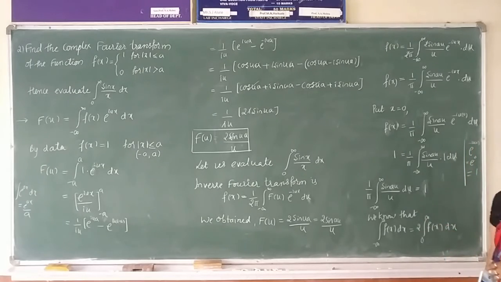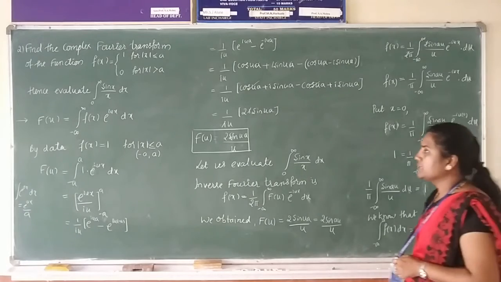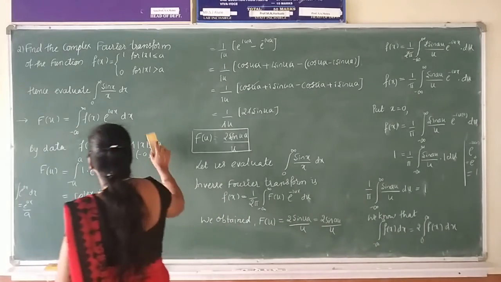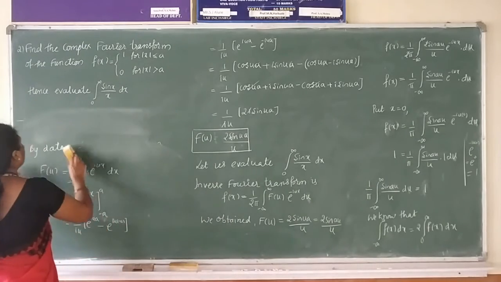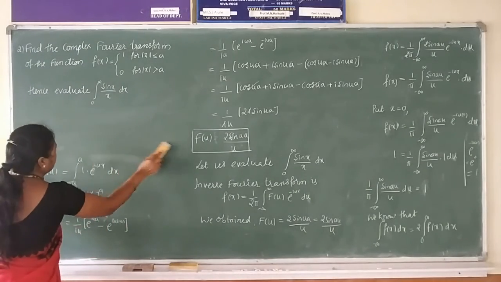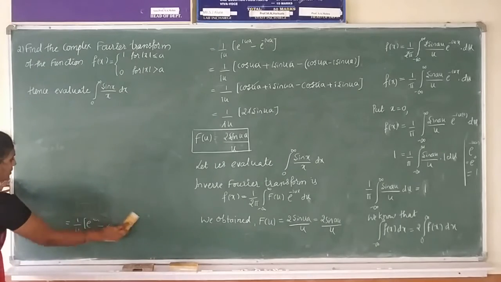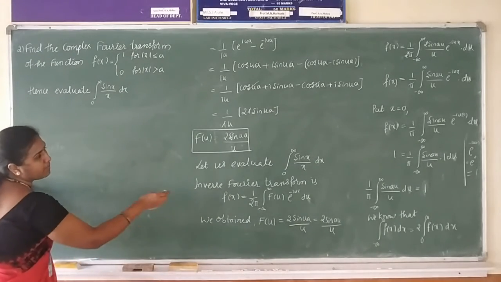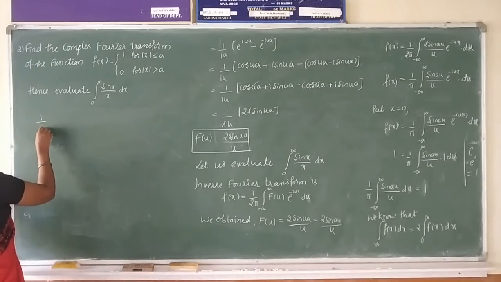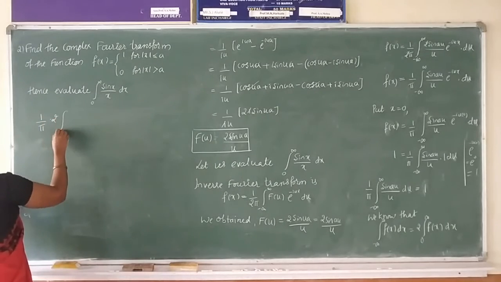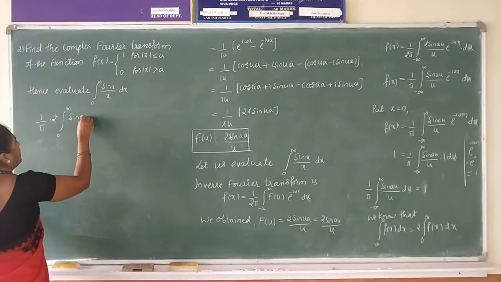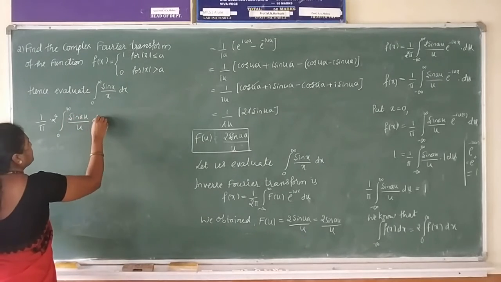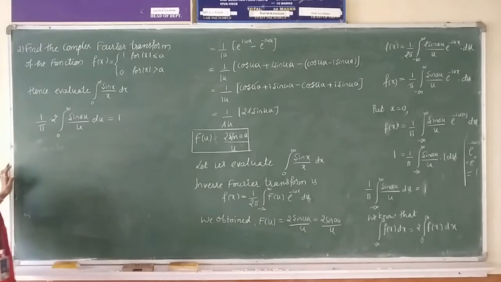Using that basic property of integration, we can write it as 1 by pi into 2 integration 0 to infinity sin au upon u with respect to u, that is equal to 1.